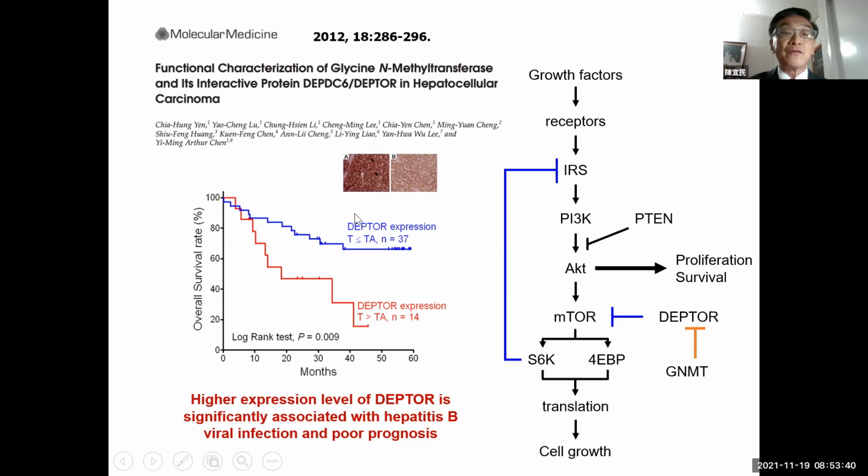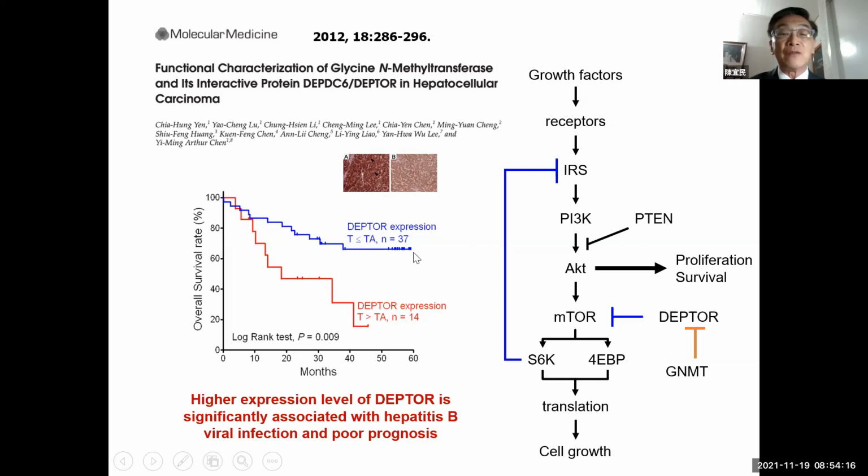Deptol is an inhibitor of mTOR. We also found that in the HCC patient cohort, patients whose tumor cells express a high level of deptol compared to the tumor adjacent tissue have very poor 5-year survival compared to another group of 37 HCC patients whose deptol expression in the tumor cell is less abundant than the tumor adjacent tissue.